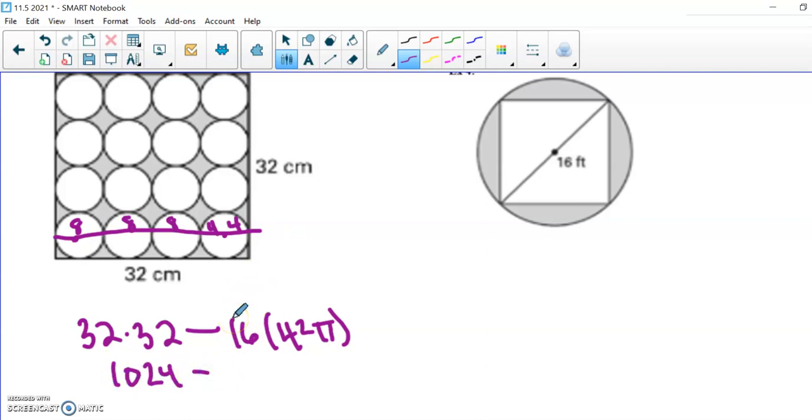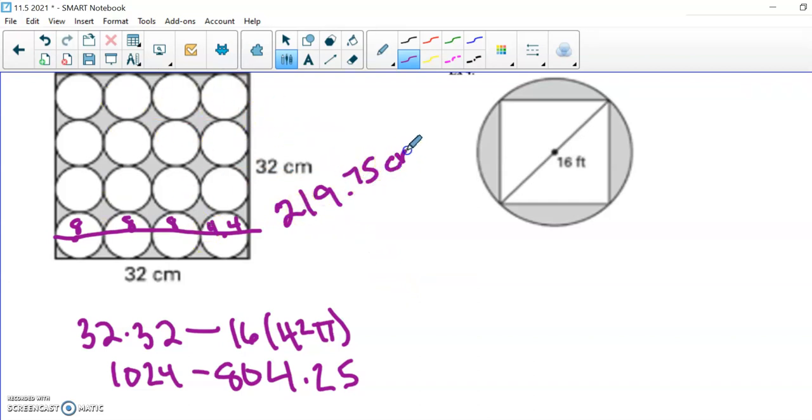And then 16 times 4 squared pi is about 804.25. And now I'm going to punch that all in my calculator, and that's about 219.75. So if this was metal and you were cutting circles out, that's how much wasted material you would have, square centimeters.